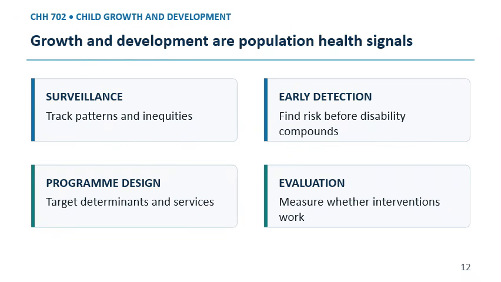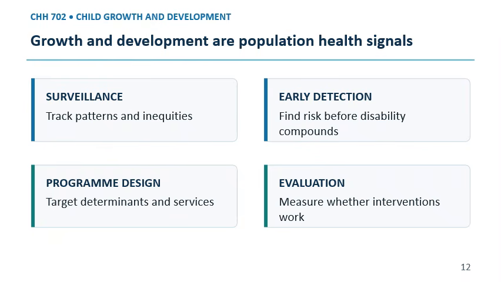Through early detection, we can identify children who need closer assessment or support before difficulty becomes more severe and secondary disadvantage accumulates. The 4 boxes you are seeing show 4 public health uses.